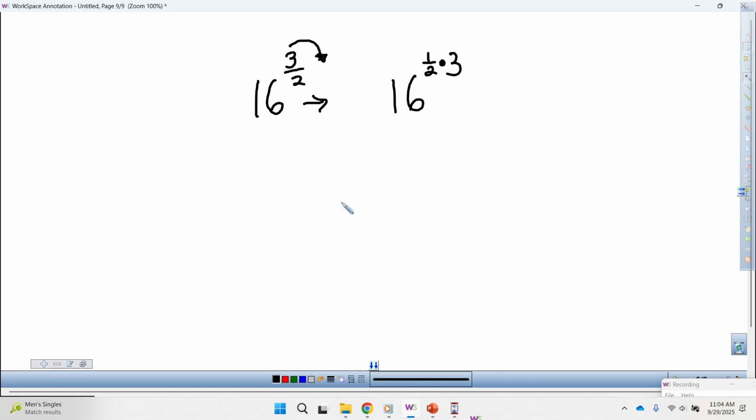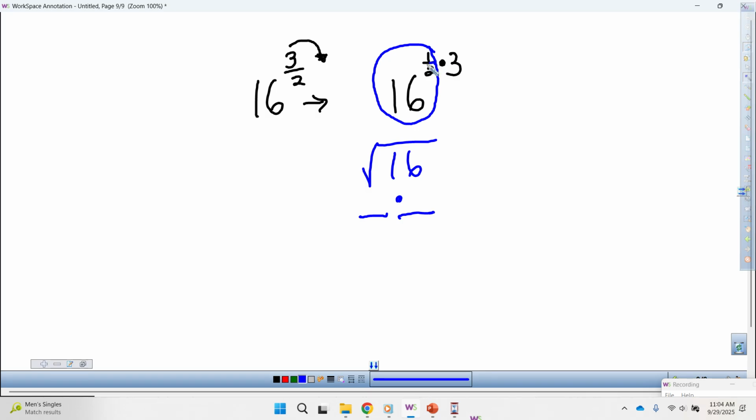Now, check this out. Don't copy this. You already have these. And we said the half exponent becomes square root. What does that mean, Mr. Q? That means what number times itself how many times? 2.